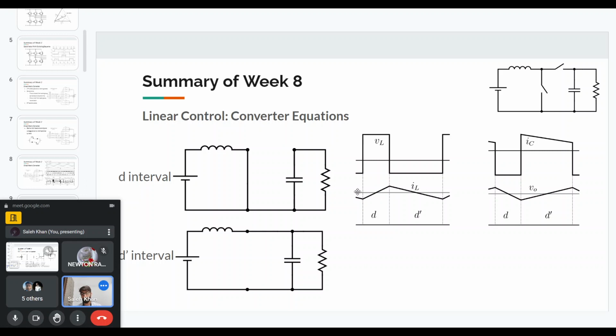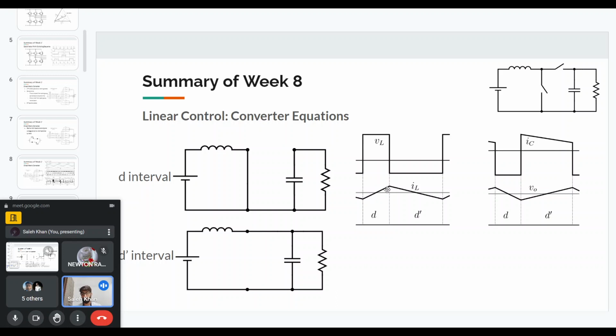We assume the ripple is small enough that we can take the average value as equal to the instantaneous value. Obviously, I have exaggerated the ripple here, at least for the voltage. In practice, the voltage ripple will be much smaller in scale than I have shown, and that is where the approximation will be valid.